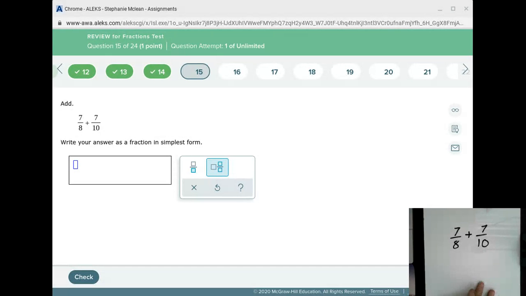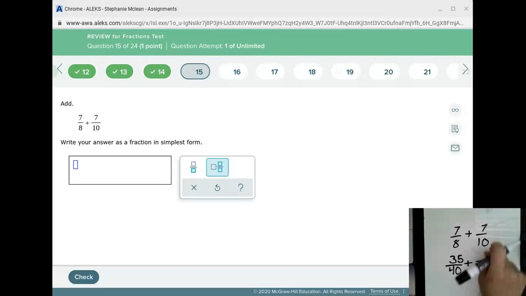So I have to multiply both the top and bottom by the same number on 7/8 to get 40 on the denominator. 8 times 5 gives me 40, and 7 times 5 gives me 35, plus, now what do I multiply 10 by to get 40?